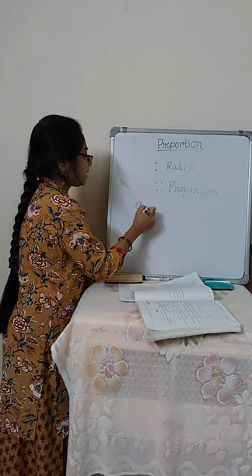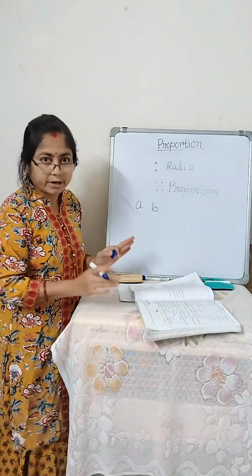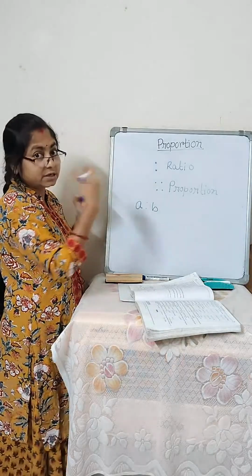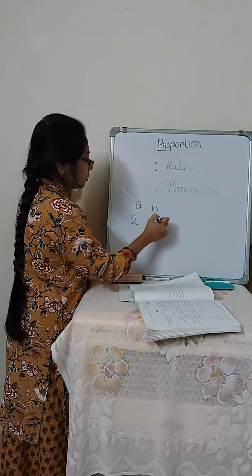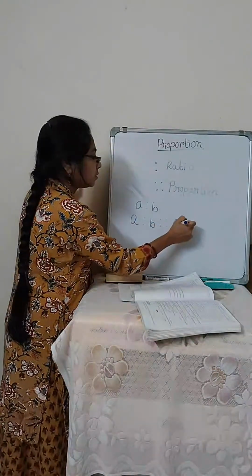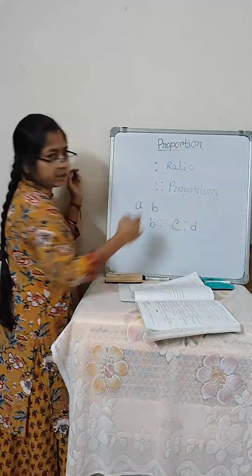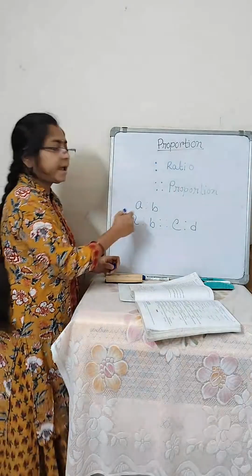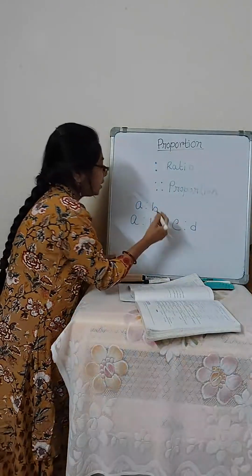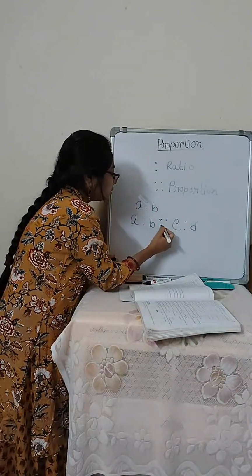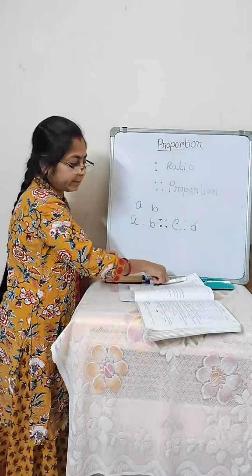Suppose A is to B. It is the ratio. And proportion is different. A is to B, and then this is the proportion sign, I give it the black dots. Then C is to D.